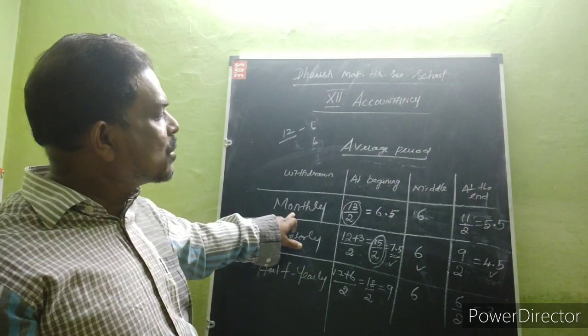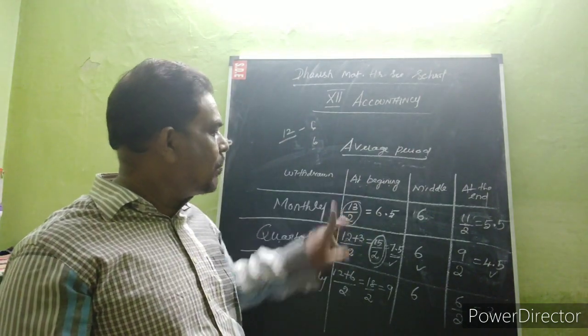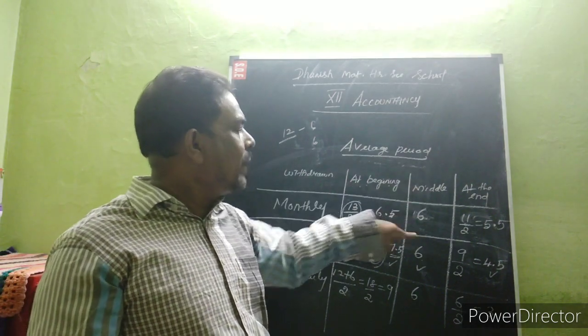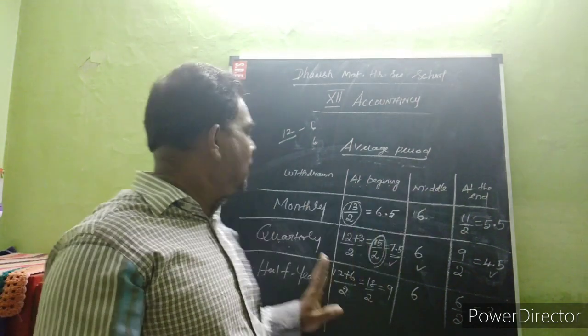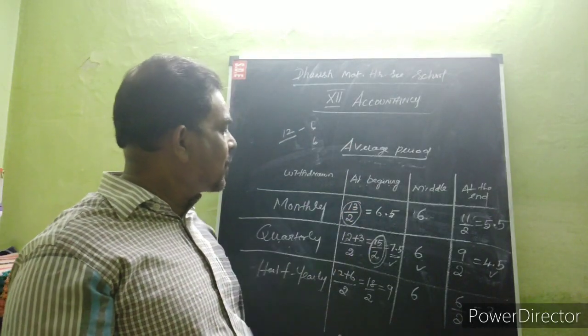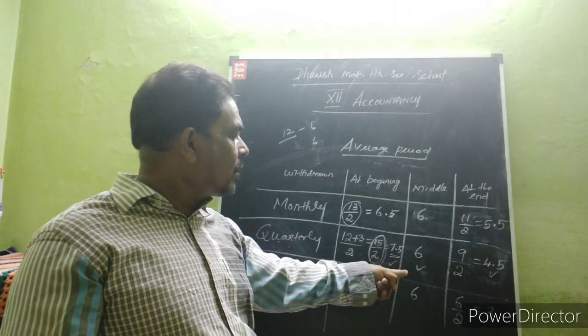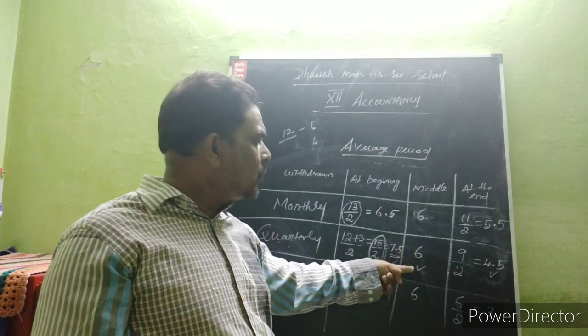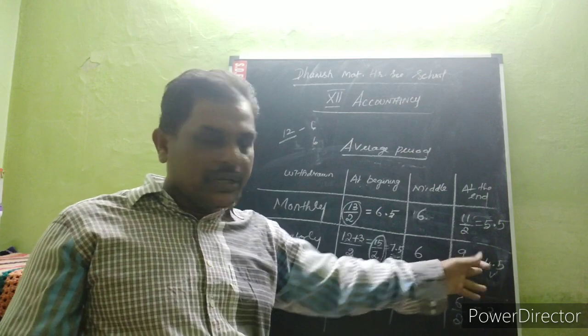So on a monthly basis, at the beginning you have to use 13 by 2. Middle means 12 by 2. End means 11 by 2. Quarterly means 15 by 2, 12 by 2, 9 by 2. 3 months will be reduced.